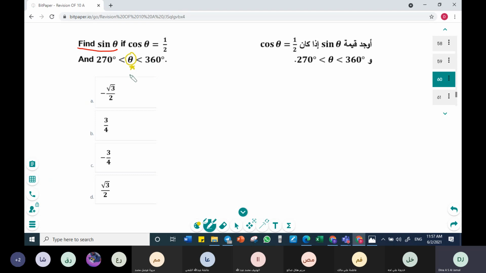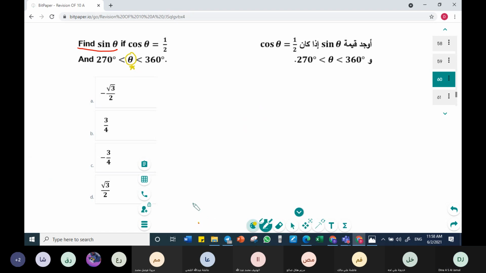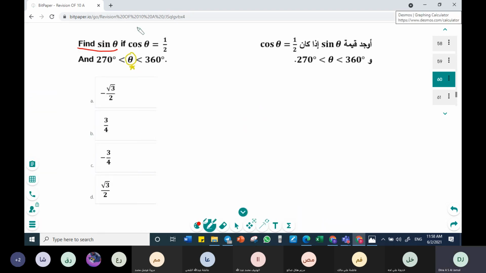That means it is between these two values. So let's have a look. How can I solve this question? Can anyone suggest what identity I will start with? Whenever I need to find the sine and I'm given the cosine, what identity do I need to use?